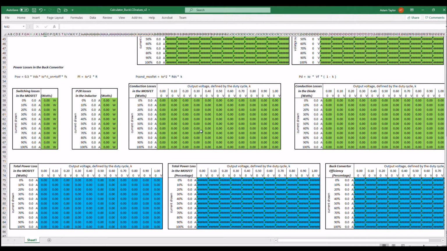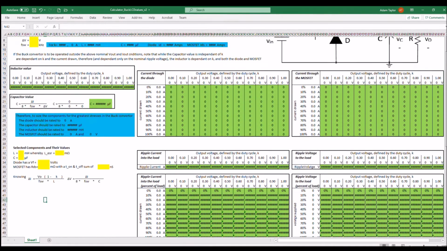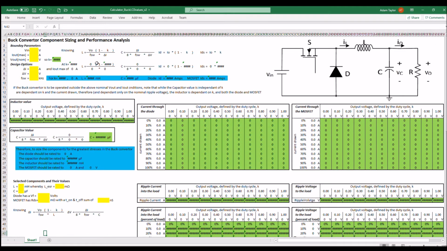So if it's running at a sub-peak condition, say for example at only 60% of load and 80% of output voltage, for whatever reason the load is changing, we will know the values we'll be looking at will be down here. So let's go up and have a closer look at how we calculate the value of the inductor and the capacitor, and what the requirements are to spec the MOSFET.